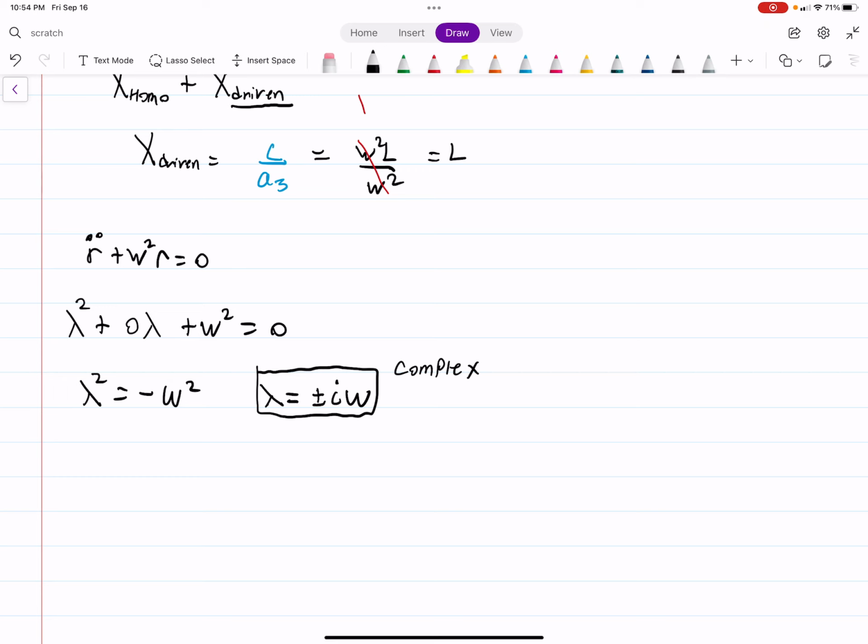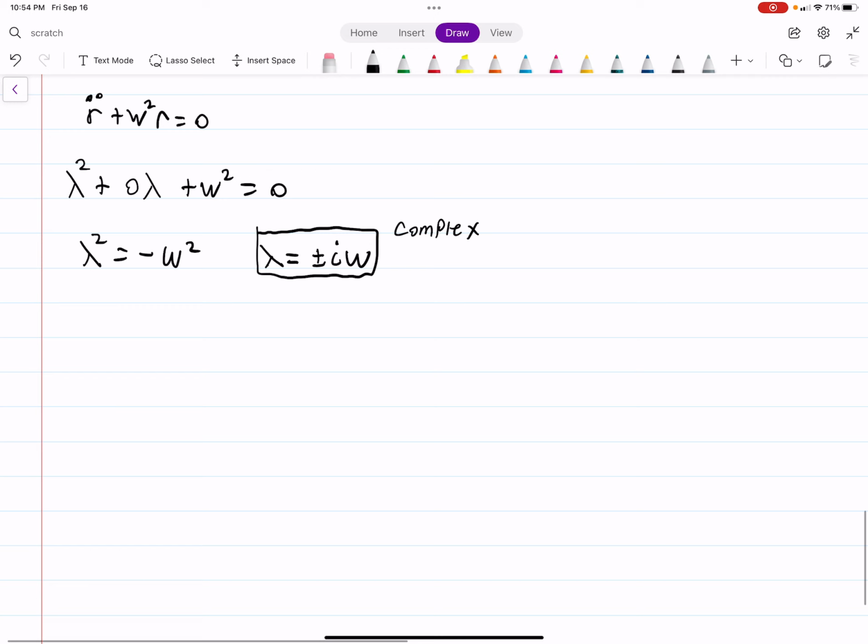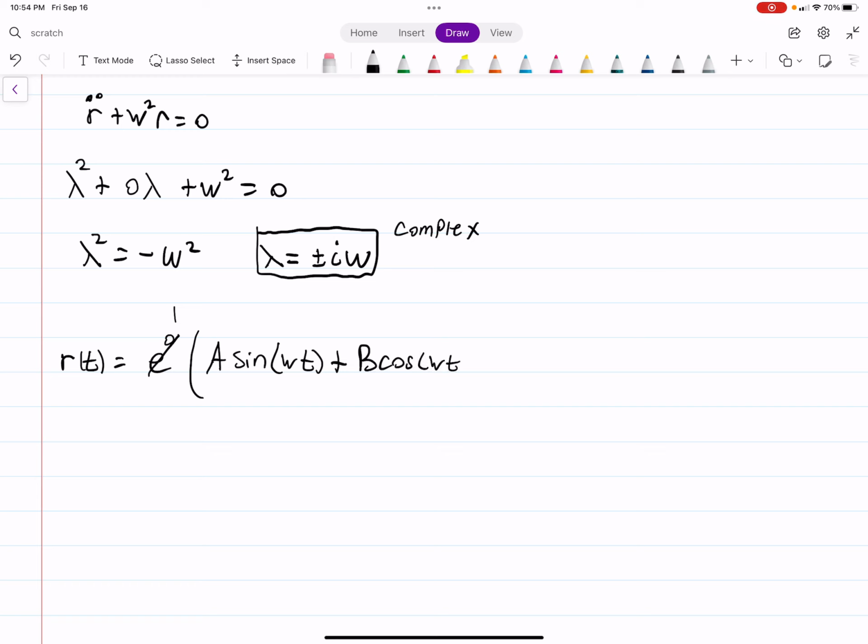Whenever you have complex roots, the solution to your differential equation will be in this form. The real part in this case is 0. There is no real part, so that's going to be just 1 times a sine of, you take your imaginary part, so omega t, plus b cosine omega t.